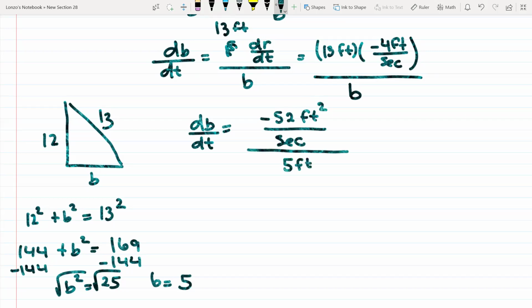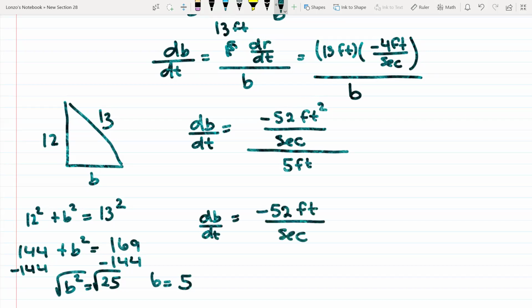So negative 52 divided by 5, I don't think it can be reduced, and I don't want it as a decimal. So db/dt equals negative 52 over 5.